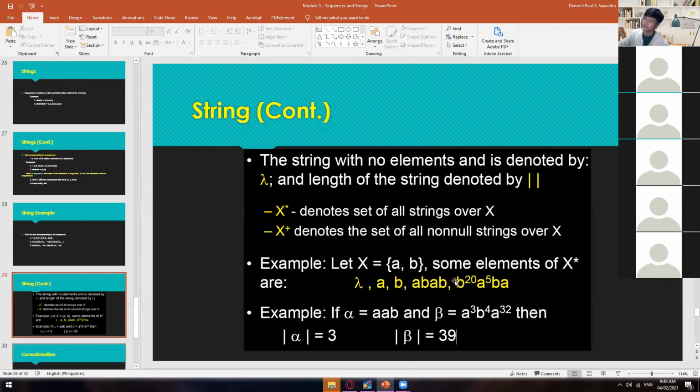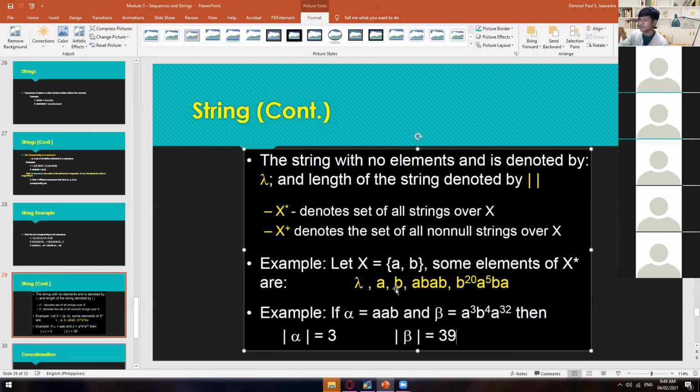You can have 1,000 or 1,000,000 A's, or you can have 2 billion B's, just to indicate that it's all strings under such variable. Initially you can just have this lambda, and then a, and then b, since that is what's really inside of this set.